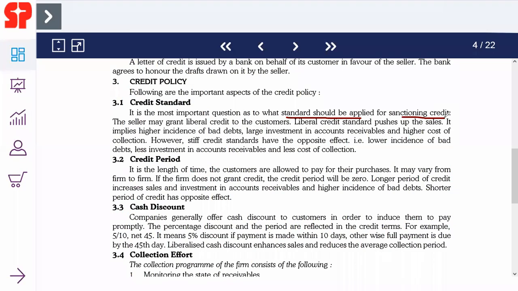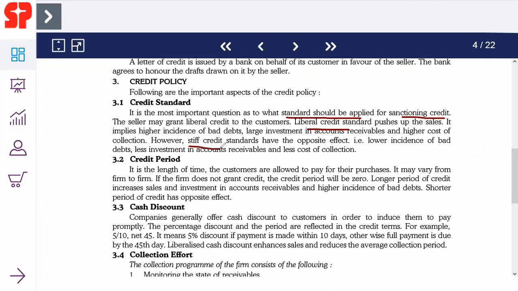For example, you will have some characteristic, that a person who has been our regular customer for at least 3 years, you will give the credit. So all this comes under standard. Everybody you cannot give credit. Suppose a customer has come to your business for the first time, you cannot give them credit. If you are giving, it will come under a liberal standard.